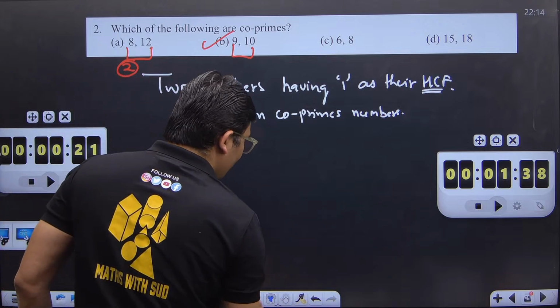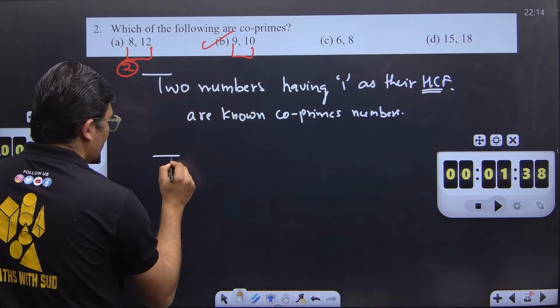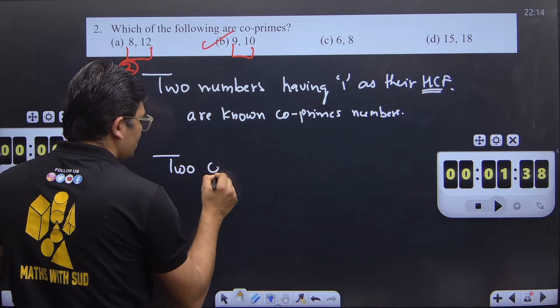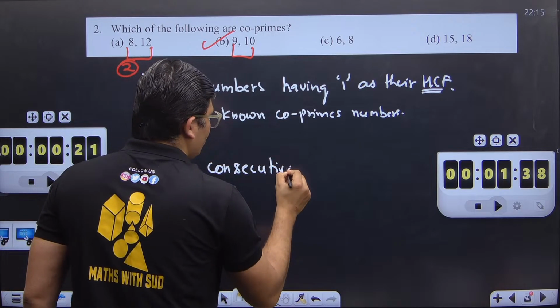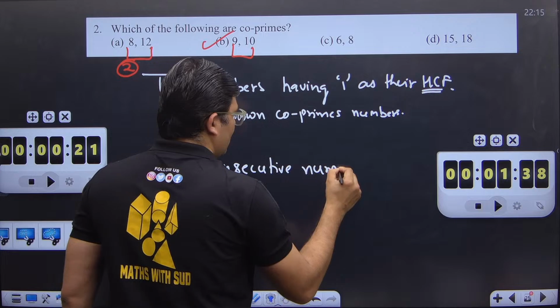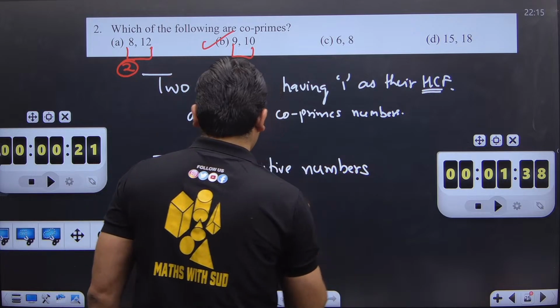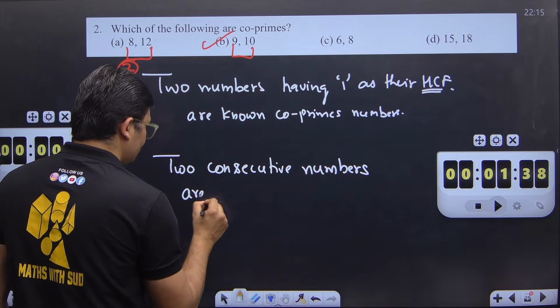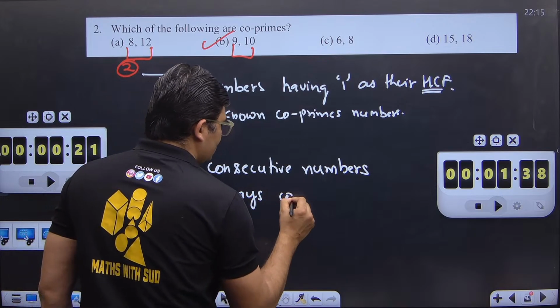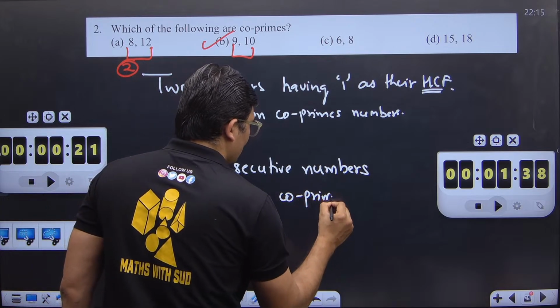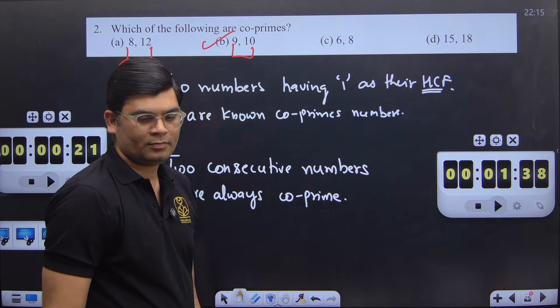The first statement we can write is: two consecutive numbers are always co-prime.